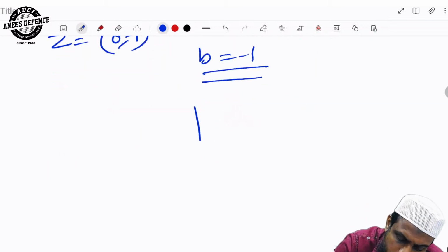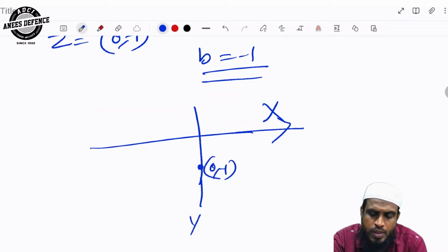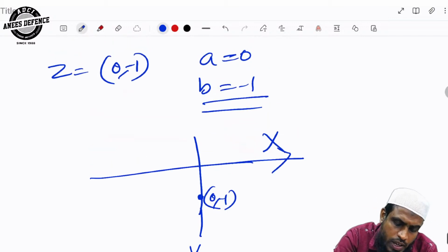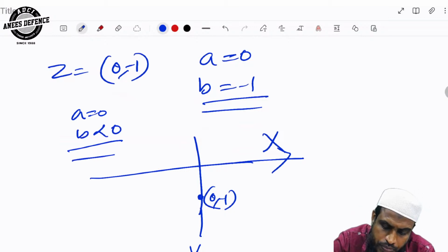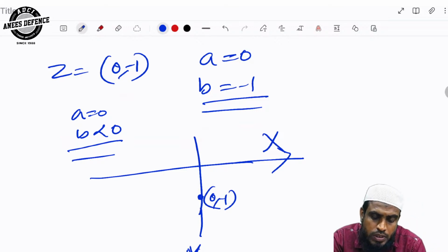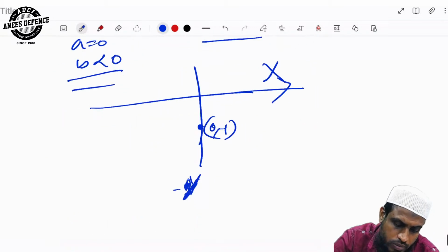That point can be represented like this. This is the x-axis, y-axis, and this point is 0, minus 1. So a is equal to 0 and b is less than 0. That means that point is on the negative y-axis. Another example, z equal to 2, 3.